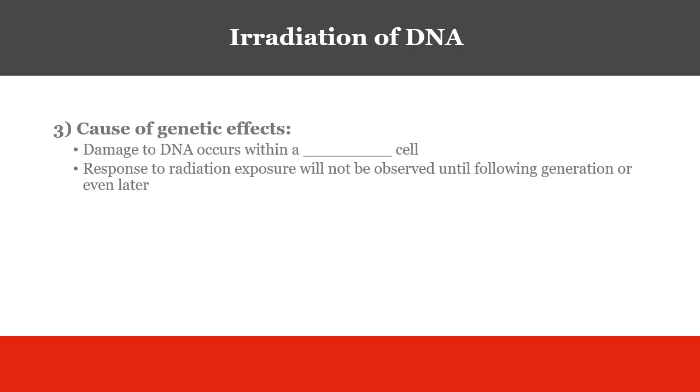The third type of effect is the cause of genetic effects, and that's damage to DNA that occurs within a germ cell. The only way you can get a genetic effect is if you have radiation damage in a germ cell, otherwise called a reproductive cell. So this has to have occurred in a spermatogonium, spermatocyte, spermatid, or spermatozoa, whatever stage of the cycle it takes, and the effect is going to be seen in future generations, or maybe even a later one.